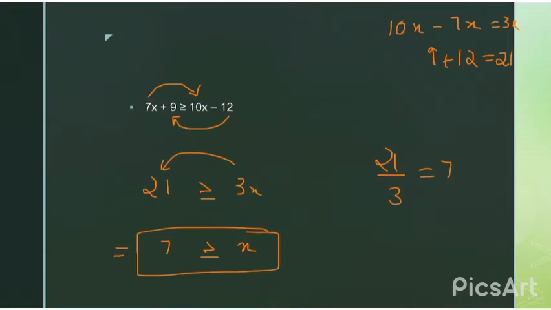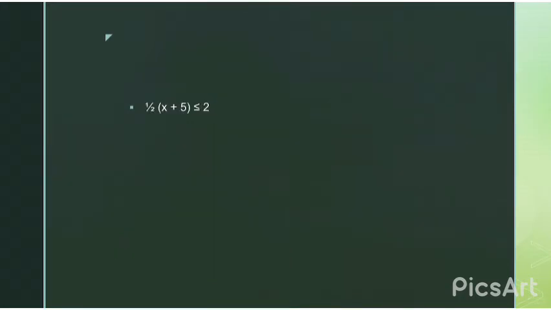So now for the next question, it is 1 by 2 (x plus 5) less than or equal to 2. So for this we first do x plus 5, and then the 2 in the denominator and the 2 here will be multiplied. So 2 into 2 is equal to 4.